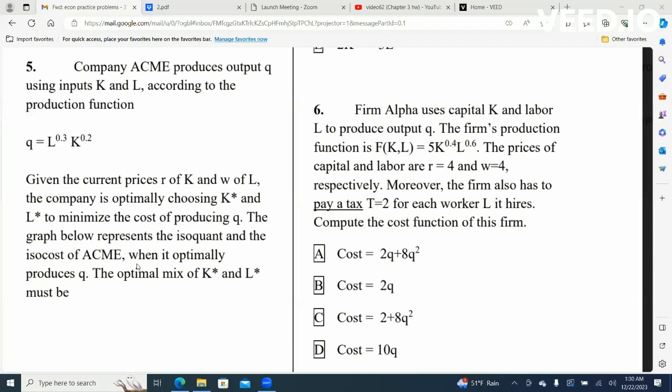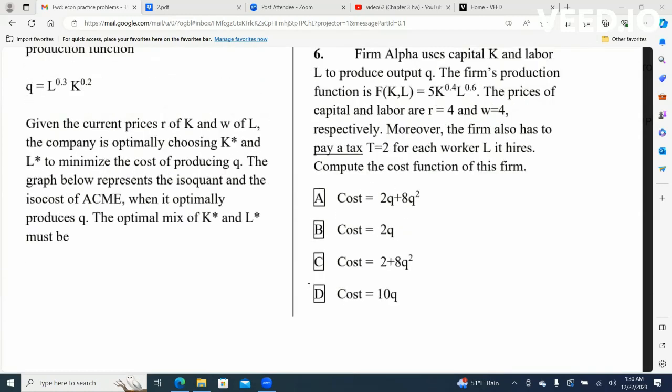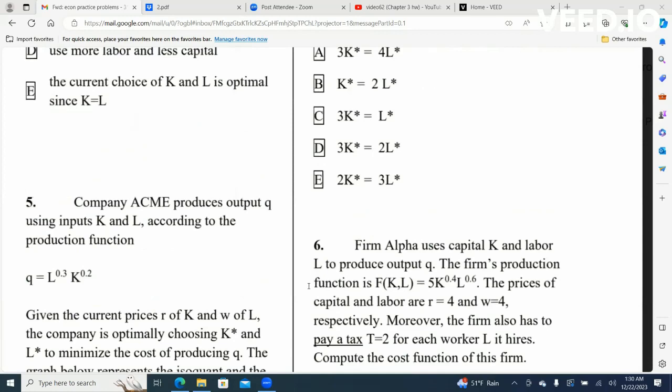Given the current prices R of K and W of L, R of capital and wage of labor, the company is optimally choosing K star and L star to minimize the cost of production Q. The graph below represents the isoquant and the isocost of Acme when it optimally produces Q. The optimal mix of K star and L star must be, so they want us to find that. That's 5.